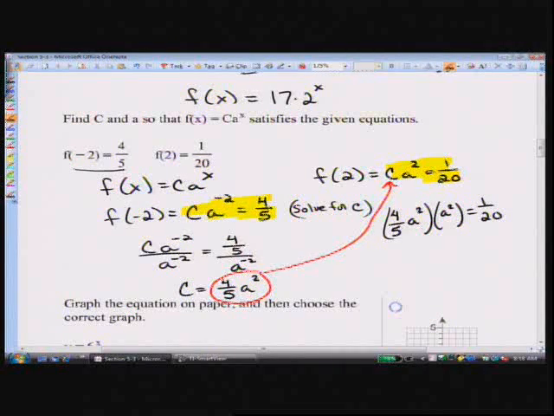Okay, can anyone help me simplify this? 4/5 A squared times A squared. How does that simplify? Chilton, can you tell me 4/5 times A to the what power? A squared times A squared. It should be A to the 4.